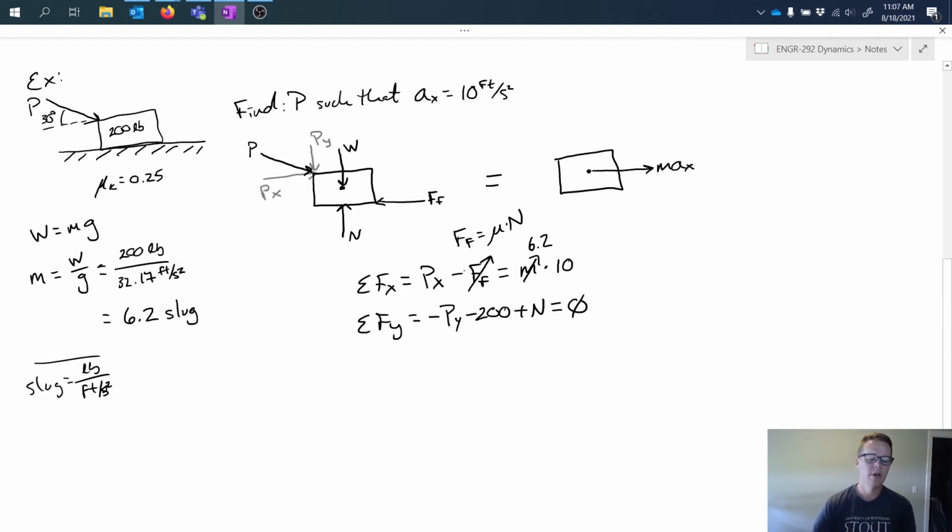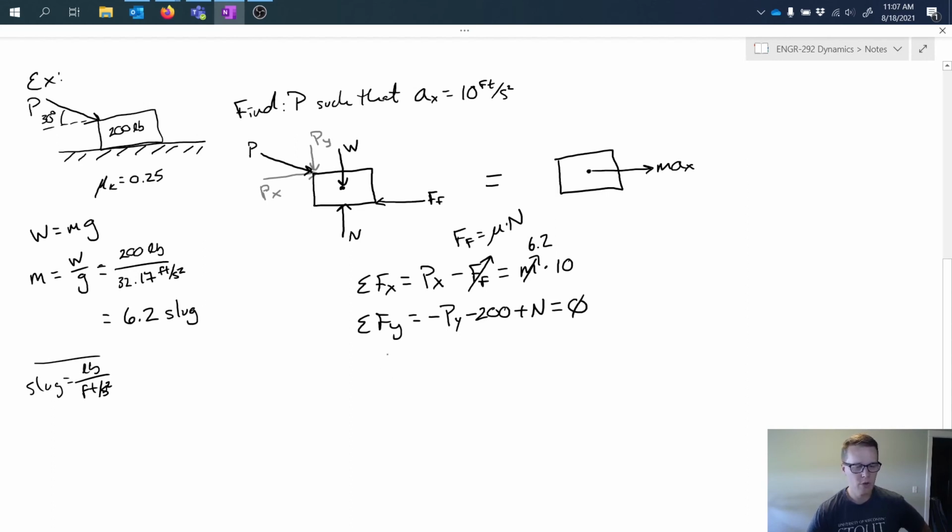Now the other variable that I can eliminate is that px and py are not actually two separate variables, right? Because there's only one force p, and px and py are related to that via trigonometry. So in reality, we only have p and n as our variables. We have two equations, two unknowns. Everything looks to be satisfied.